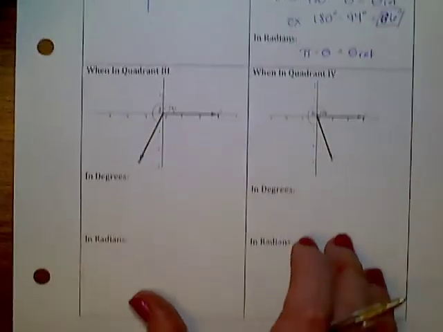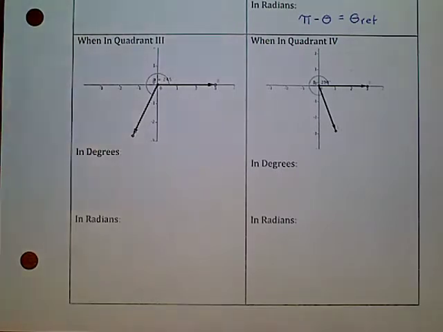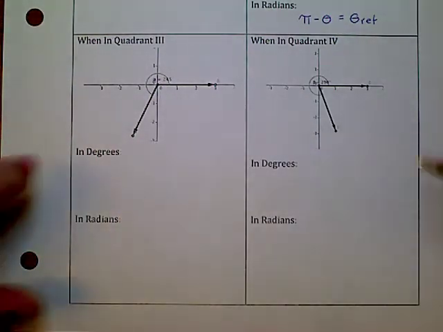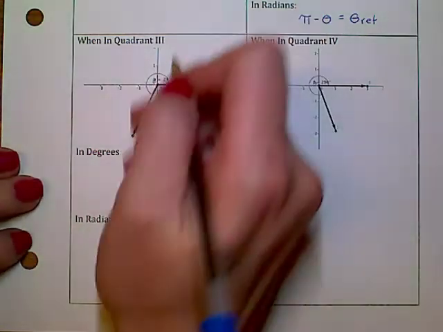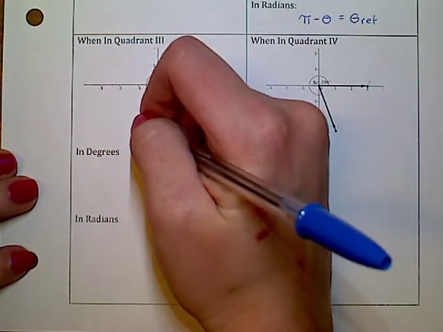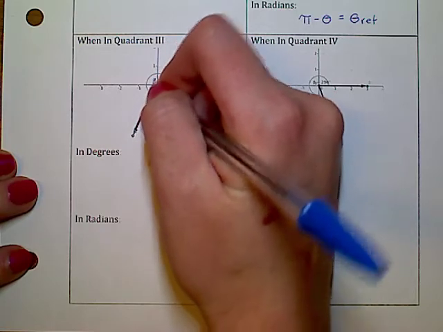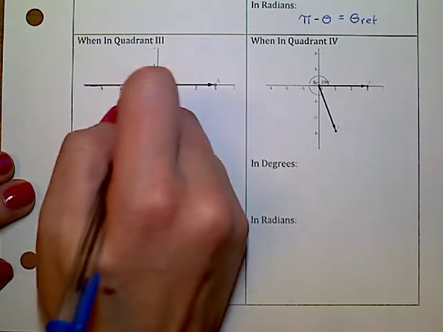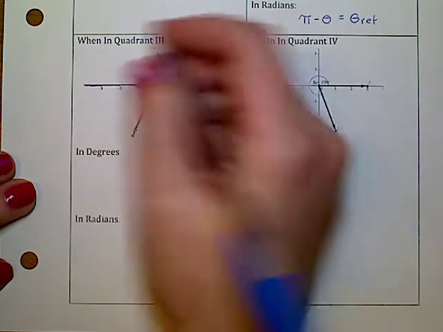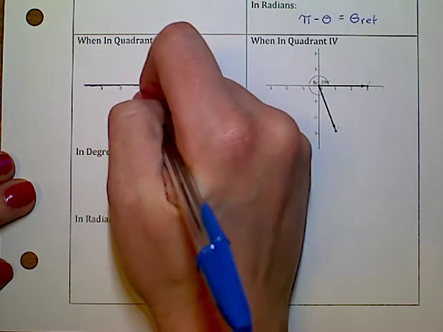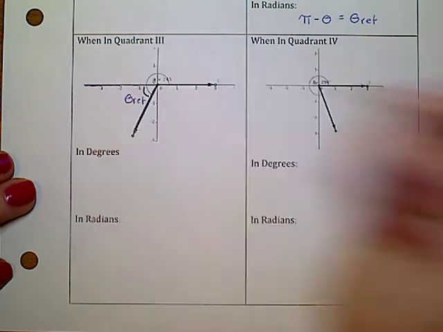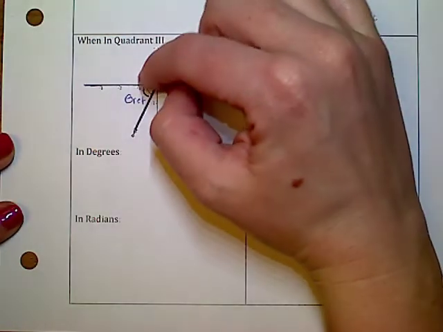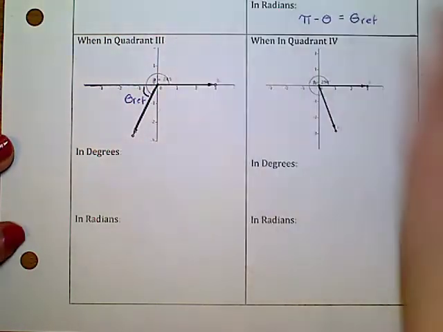Alright, looking at quadrant 3, I have an angle measure here of 245 degrees. Now, what we do to find the reference angles, we take the terminal side, which is this guy right here, and the closest part of the x-axis, which is this guy. And we're basically asking ourselves, okay, well, how big is just this part of the angle? And so basically, I want to take away this whole half circle up here.